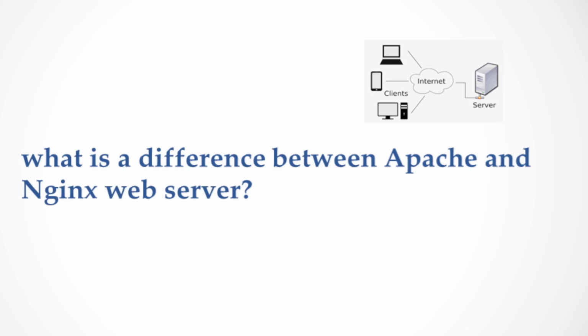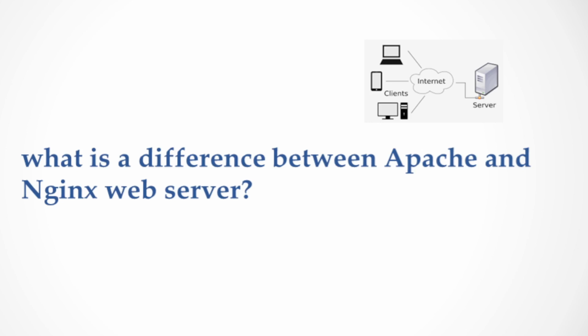What is the major difference between Apache HTTP server and Nginx? Both are categorized as web servers, but the major difference is that Nginx, pronounced like engine-x, is an event-based web server, whereas Apache is a process-based web server. So Nginx is known for better performance than Apache.